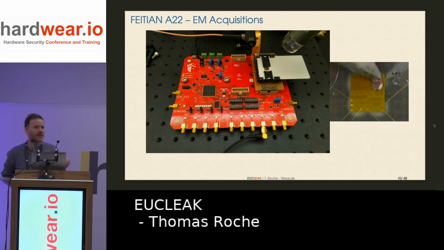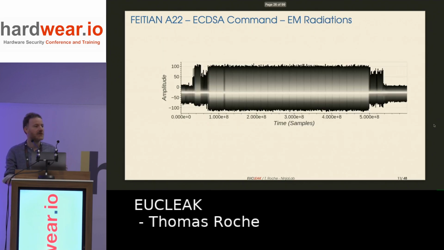It's an electromagnetic probe that is put on top of the die. While the SLE78 is computing a signature, we observe the electromagnetic radiation of the chip. It looks like this. This is an ECDSA signature on the Feitian Java Card.